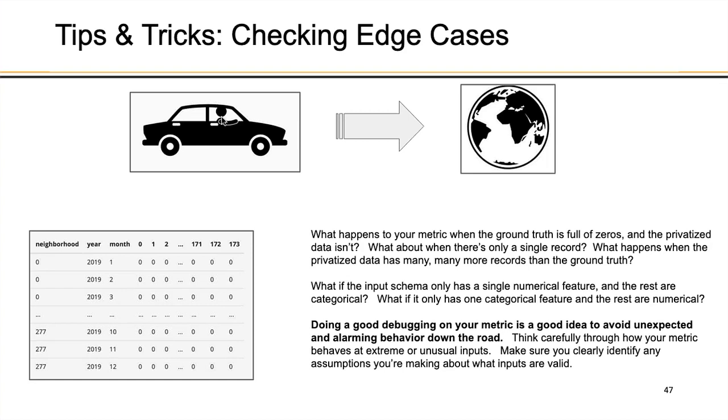You want to think through carefully all the components of your metric and understand what your underlying assumptions are on what data is valid for it to run on. Now, looking at ordinal versus categorical, what if the schema has only one numerical feature or only one categorical feature? What assumptions are you making about the distribution of the data and the shape of the schema for your metric to behave properly? All right, next slide.